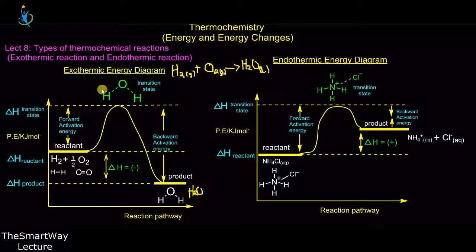Why? During the bond formation, the highly energetic atoms give off their energy and become very, very stable at the end of the day. So water becomes a very, very stable compound, because during its formation, a high amount of energy was given out at that energetic level. So that is what basically happens in the exothermic energy diagram.